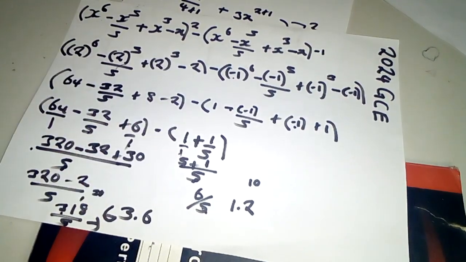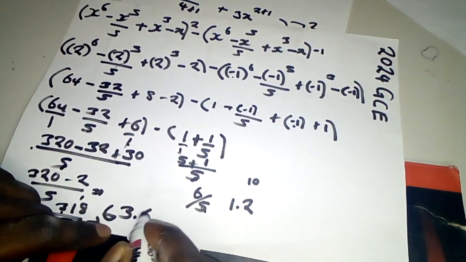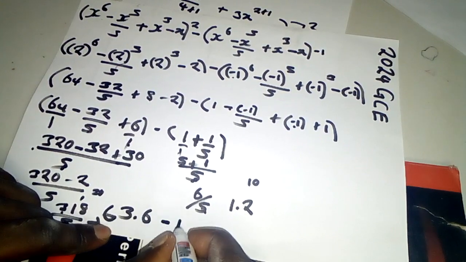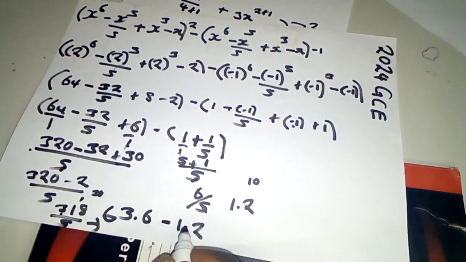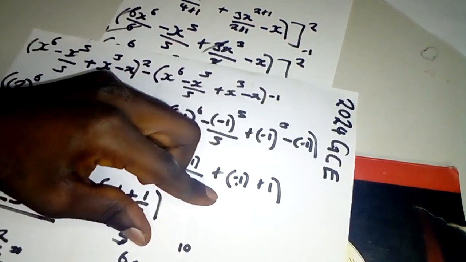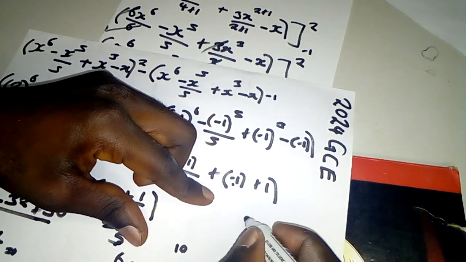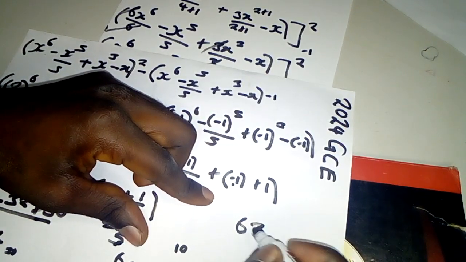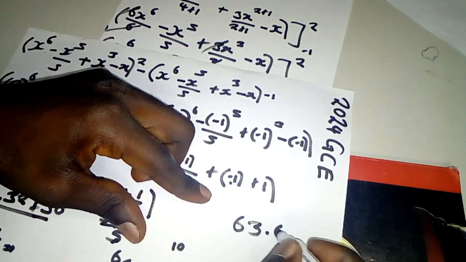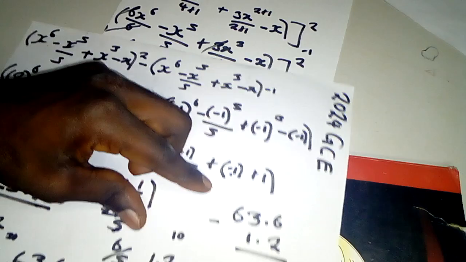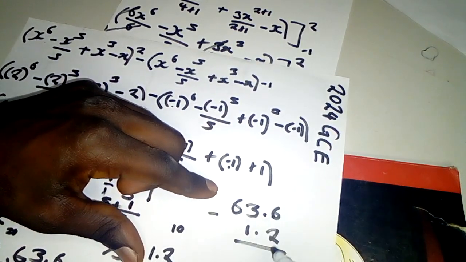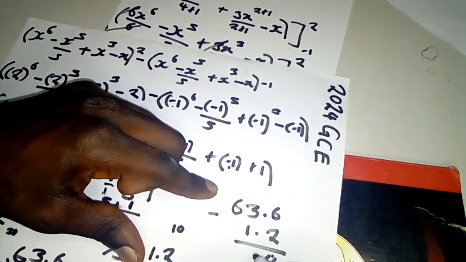So now we're going to subtract 63.6 minus 1.2. What will be our answer? So 6 minus 2, this is a 4 point.